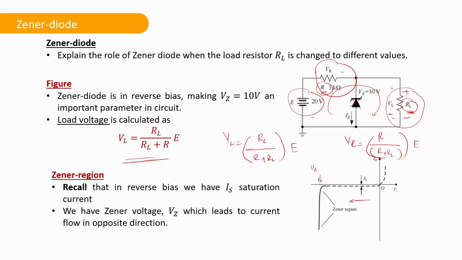If we had another resistor here, say R3, then the total resistance would become R plus RL plus R3, and similarly we can derive the voltage across it. This is called the voltage divider rule. You may be familiar with this, but don't worry, in the next slide we will derive this equation. So let's derive it.